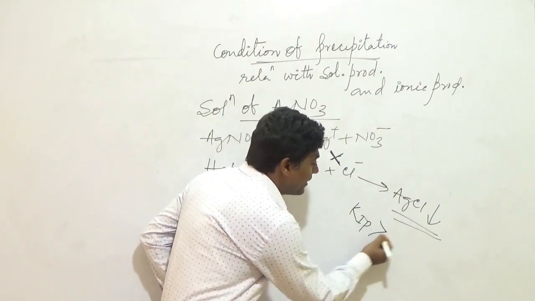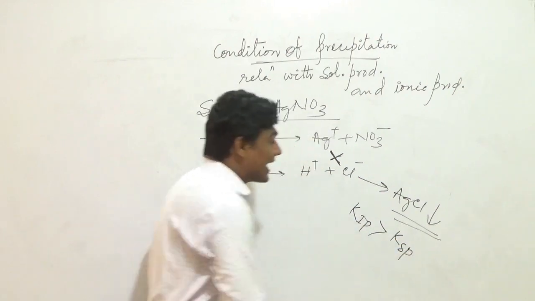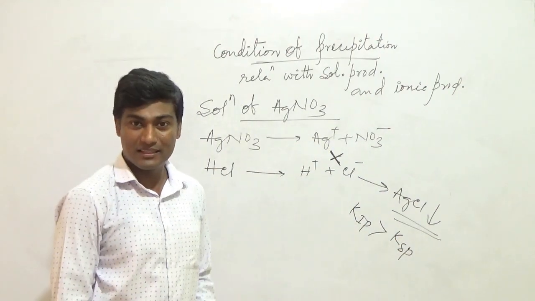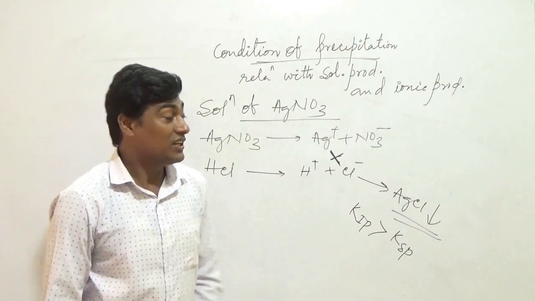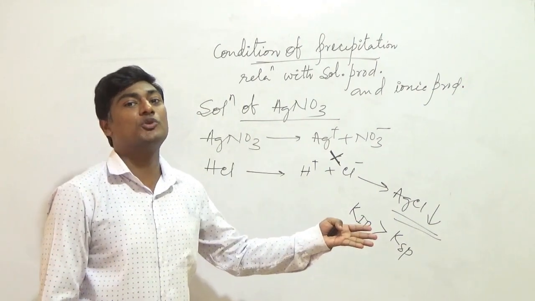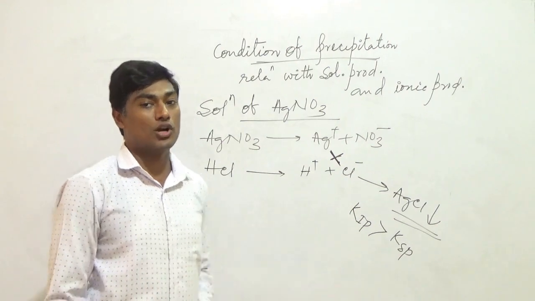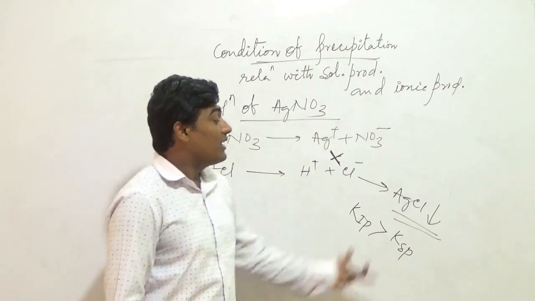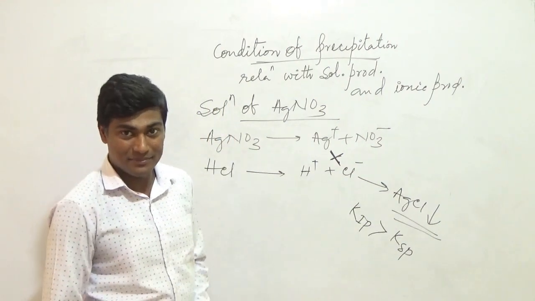So Kip greater than Ksp, hence the precipitation. As we discussed, the condition of precipitation is that the ionic product should be greater than the solubility product. So that's why AgCl precipitated. Did you get me?